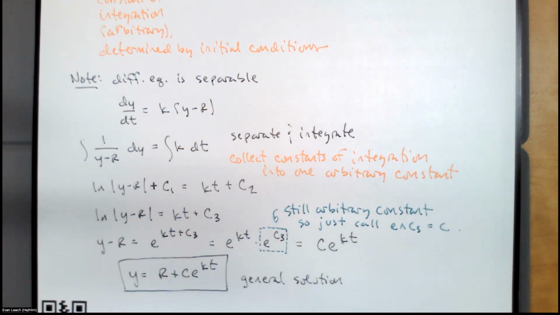If we had initial conditions, then we would be able to figure out the arbitrary constant C. If we had an additional piece of information, the temperature of the object after a certain amount of time in the medium, then we would be able to figure out the value of K. So C is the constant of integration.